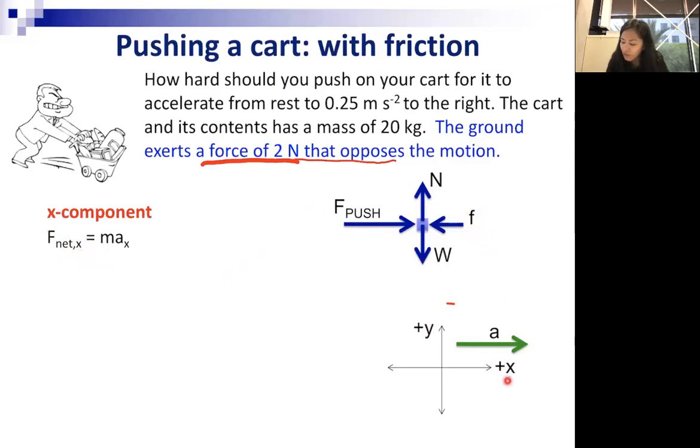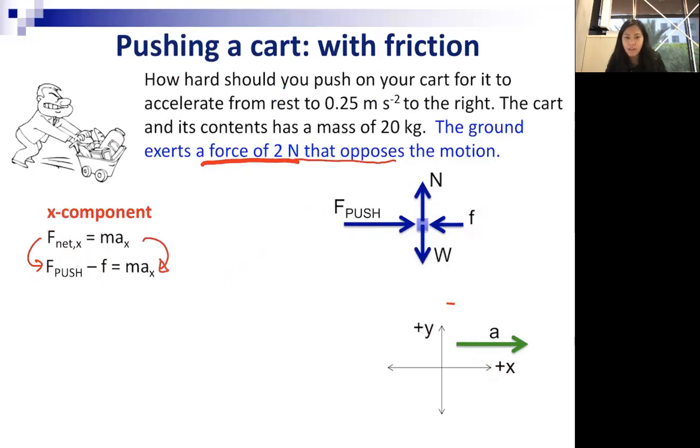We defined that to the right is positive. Therefore, your F push should be positive and your friction should be negative. So that's the left-hand side, expanded to include all the forces along the x-axis, and then your right-hand side is still mass times acceleration along the x.